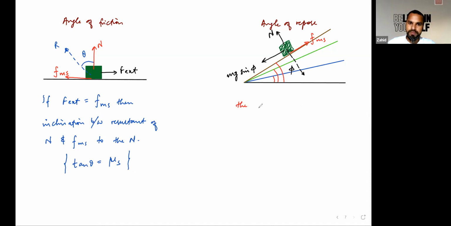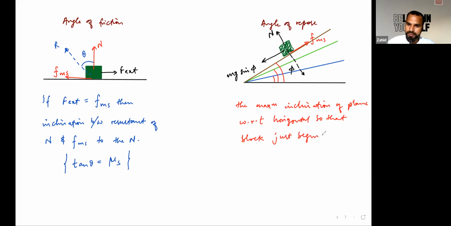So it will be the maximum inclination of plane with respect to horizontal so that the block just begins to slide, which is termed as angle of repose.